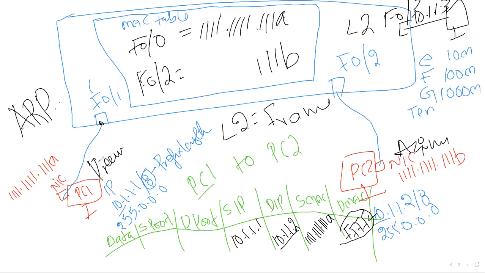Then, once the system receives this info, the system will keep that info within the system, which is called the ARP table.